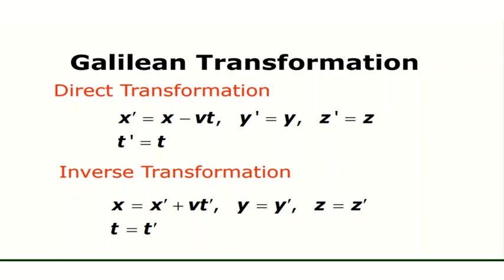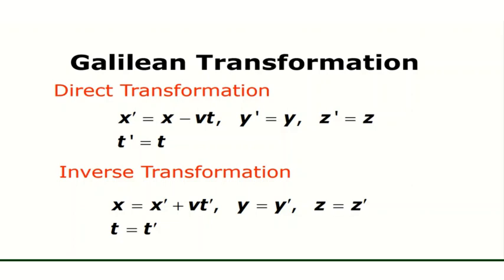Before that, the Galilean transformation equations can have inverse transformations. Suppose the inertial frame S is moving with the velocity v along the negative x direction with respect to the S dash frame.